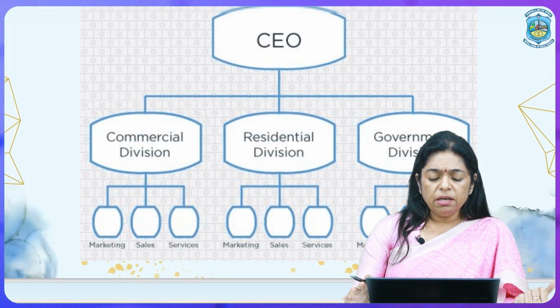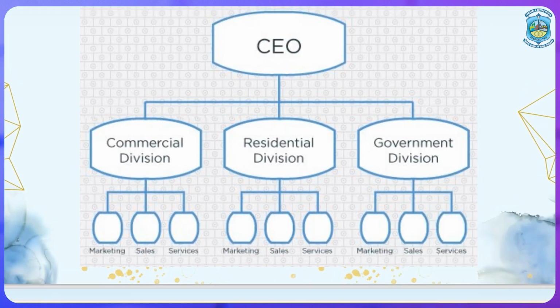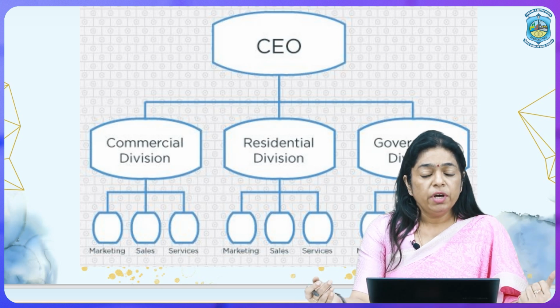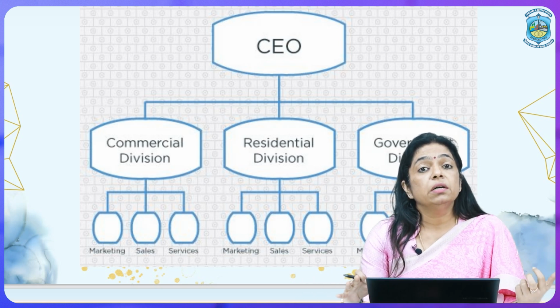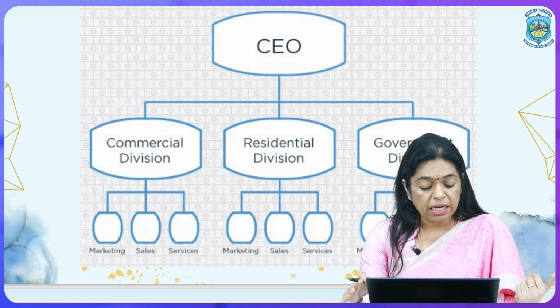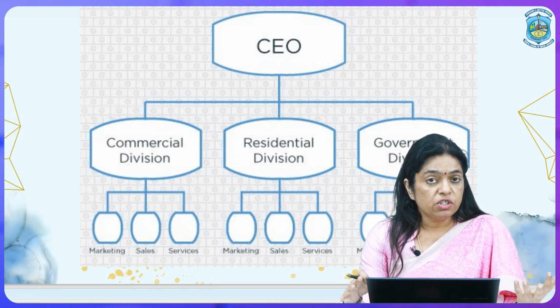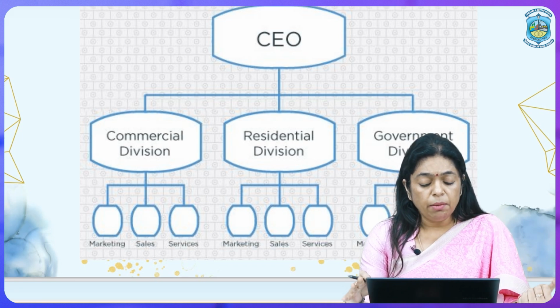As you can see here in the line diagram, there may be a commercial division where the goods are being sold to industries. There can be a residential division where the goods are being sold basically to common man consumers, and there can be a government division where the products are being sold to government departments. So larger companies have the option of establishing their organization structure based on the market.